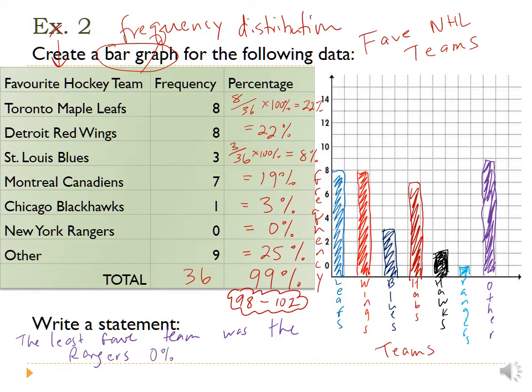So 0%. Again, you can write anything you want as long as it matches the data. And remember, the goal of statistics is to provide data about the population. So to provide statistics, to provide data, so that people can try to make generalizations or try to make conclusions, to gain information about their audience or their population.